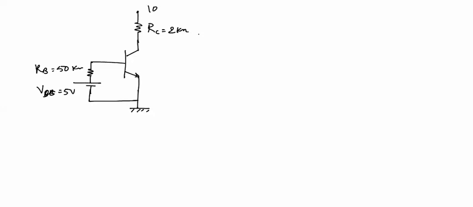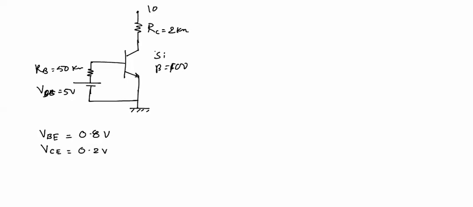Remember one thing, that now we have confirmed that this transistor is operating in saturation. In saturation we can assume these two values, VB equal to 0.8 volt and VCE equal to 0.2 volt for a silicon transistor.